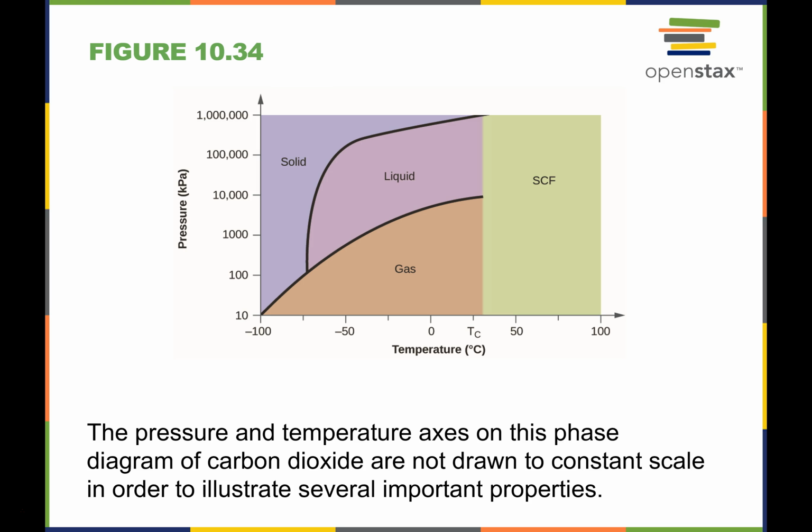It has the abrupt end of the equilibrium vapor pressure curve between the gas and the liquid, and it says right there that anything at a higher temperature than that is going to be SCF, by the way, which stands for supercritical fluid. This one is for carbon dioxide.